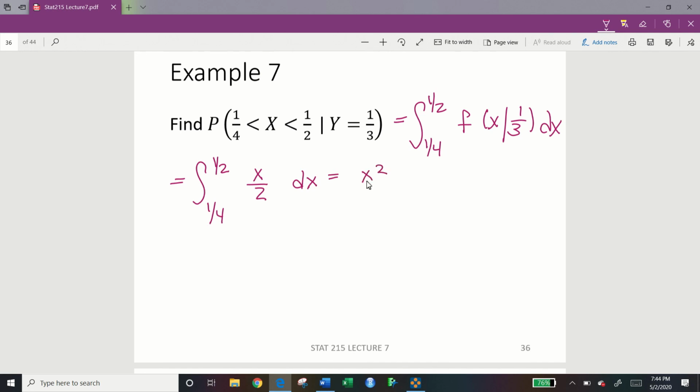So this will be x squared over 4 from 1/4 to 1/2, which will equal 1/16 minus 1/64.